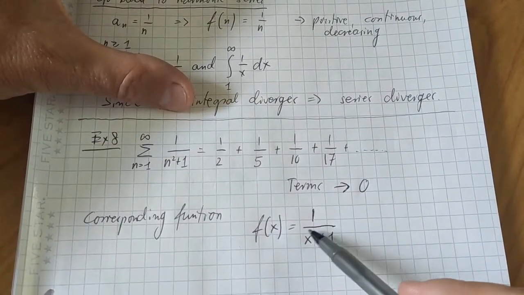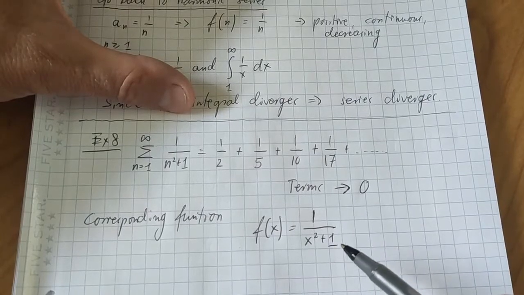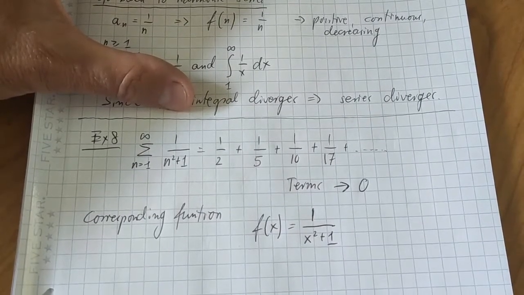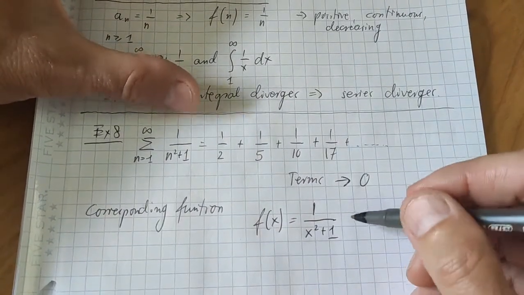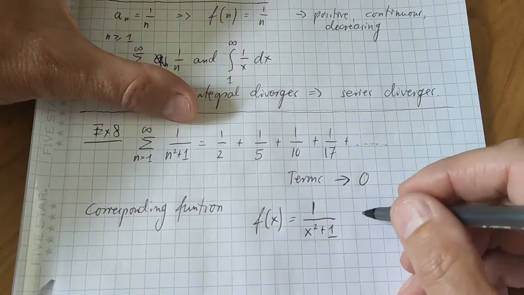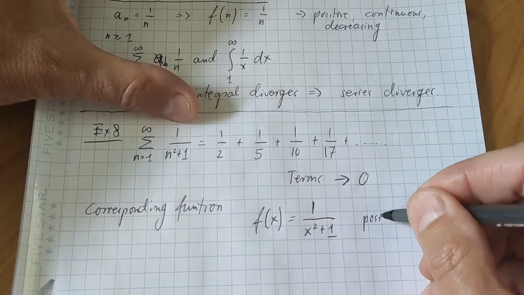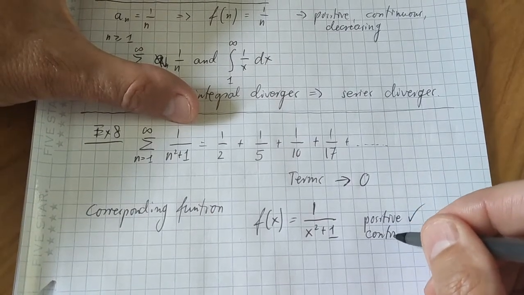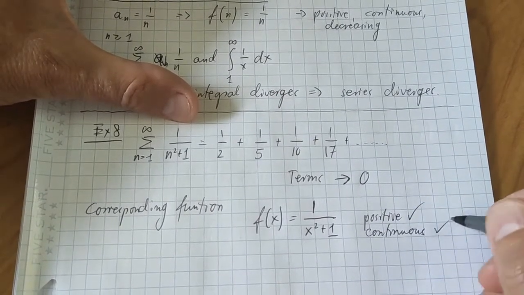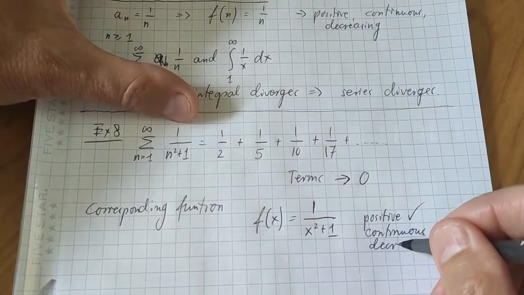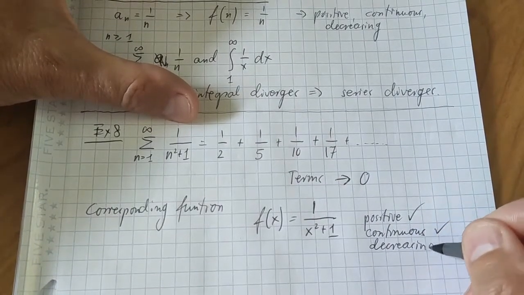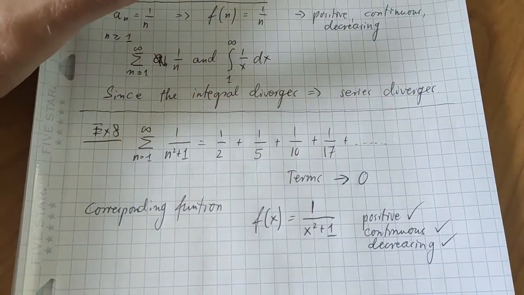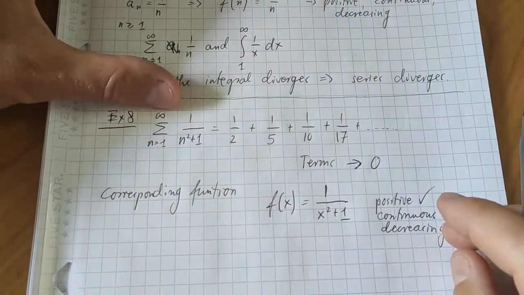The function is continuous, and again, you can look at the graph, the function is decreasing. So all those conditions are satisfied: positive, check, continuous, check, and decreasing. So that means we can use our integral test.